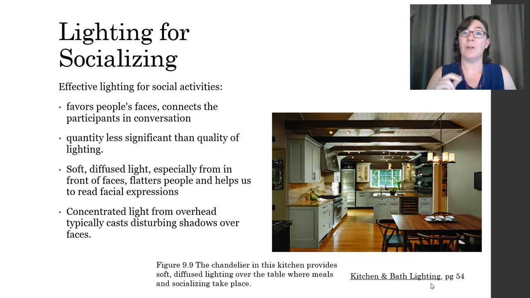In fact, if you have concentrated light, especially bright, direct light from overhead, it can cast some unpleasant, maybe even disturbing shadows on faces. Have you ever seen a shadow directly under somebody's nose and their chin? That actually doesn't help social activities.